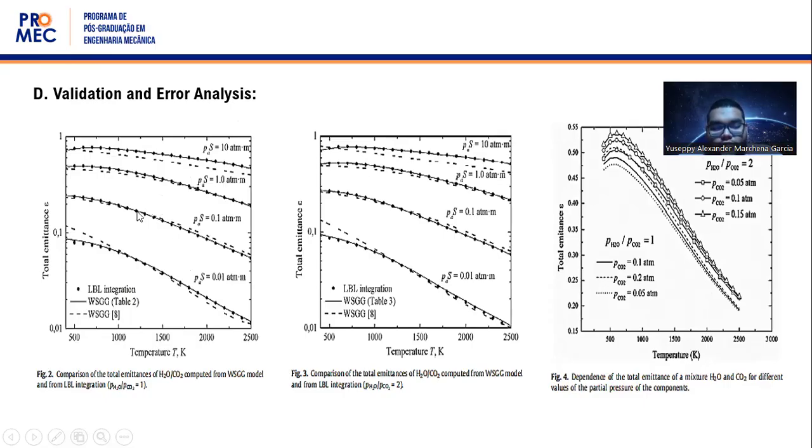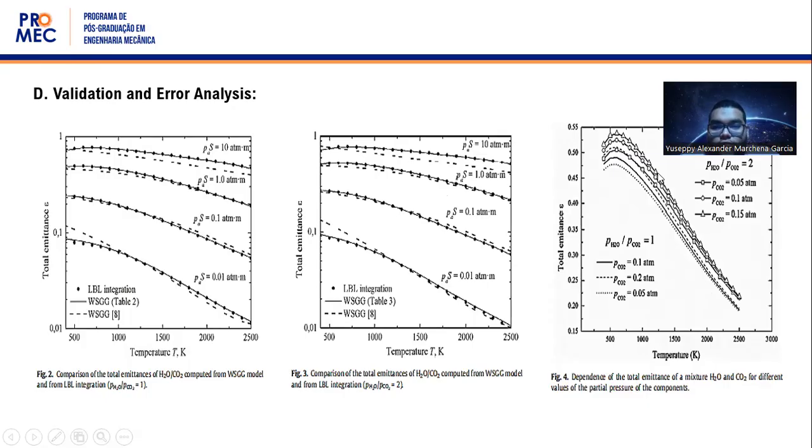An excellent agreement is observed over the whole range of temperature, with average errors below 1.1%, even for the long path of 10 atmosphere meters in both ratios, 1:1 and 2:1.